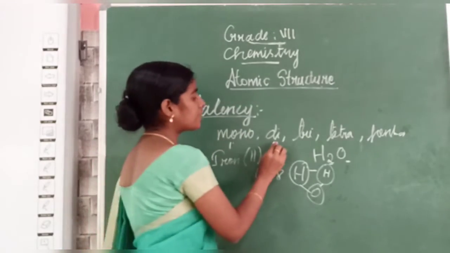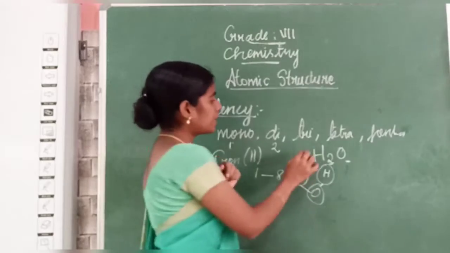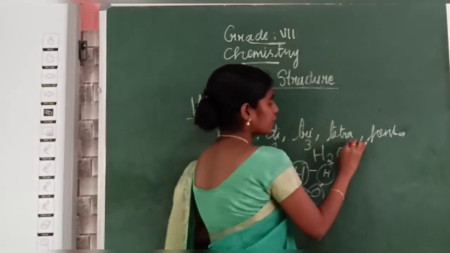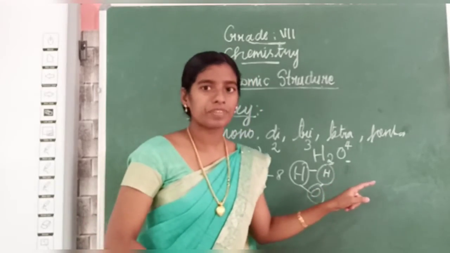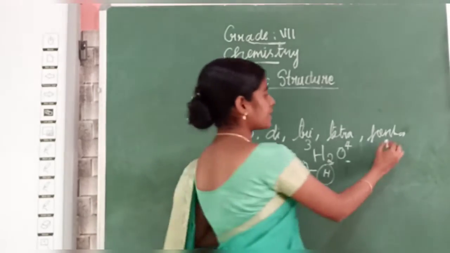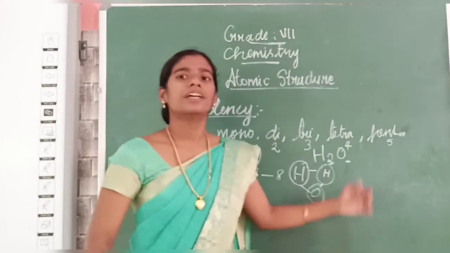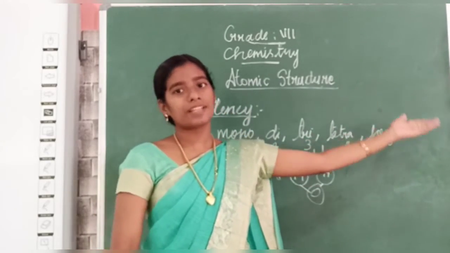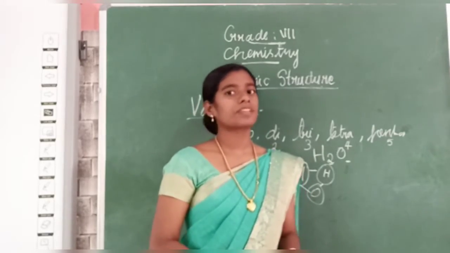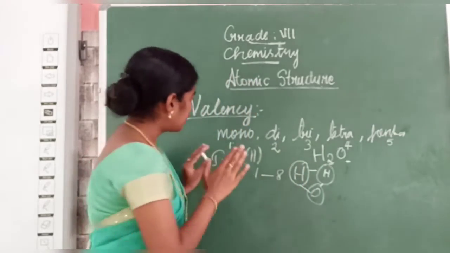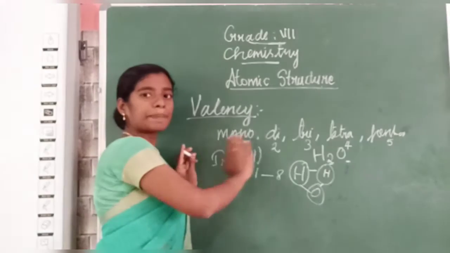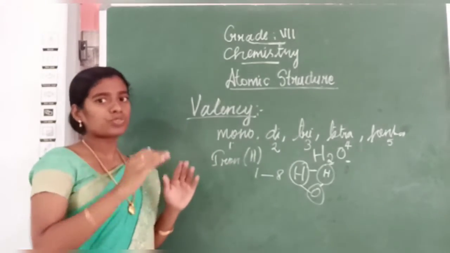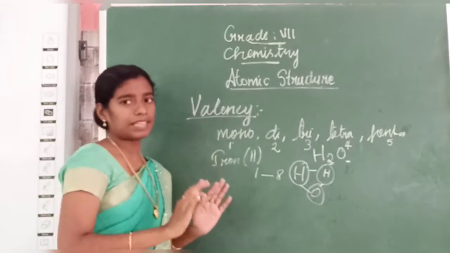Di means its valency is 2. Tri means its valency is 3. Tetra means valency is 4. Penta means it will have the valency as 5. Like this we can say hexa, octa, till 8. So this all represents when the valency is 1, 2, 3, 4, 5 till 8.